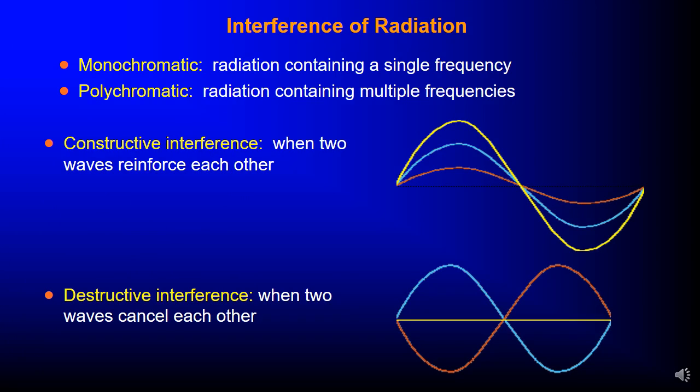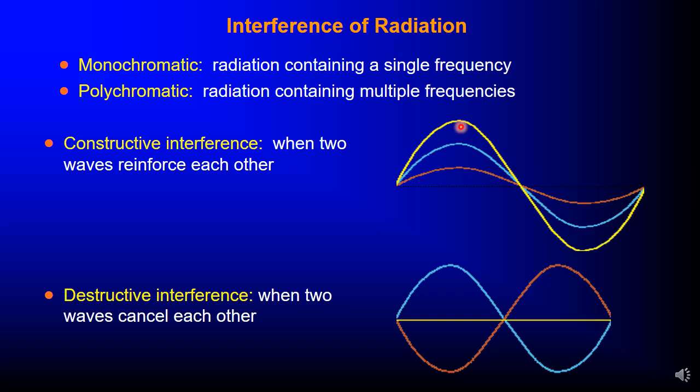If we are talking of interference, we can have two types. There is constructive interference, and when we talk of constructive interference, this is where two waves reinforce each other. Remember the properties of a wave: amplitude, frequency, and so on.